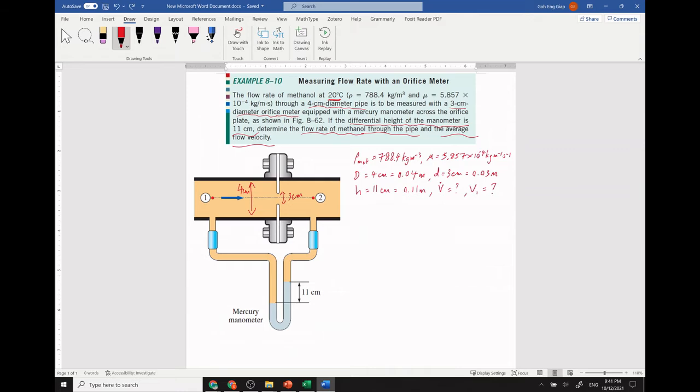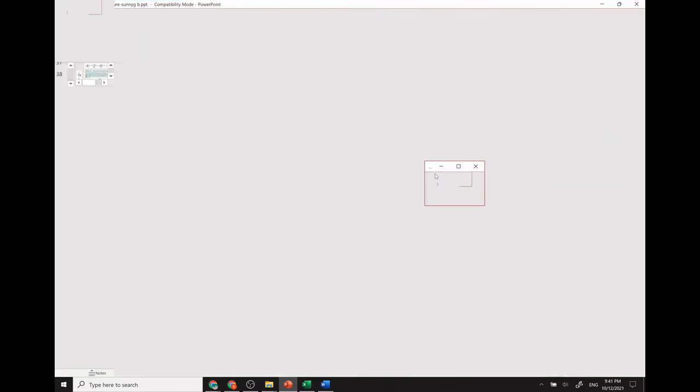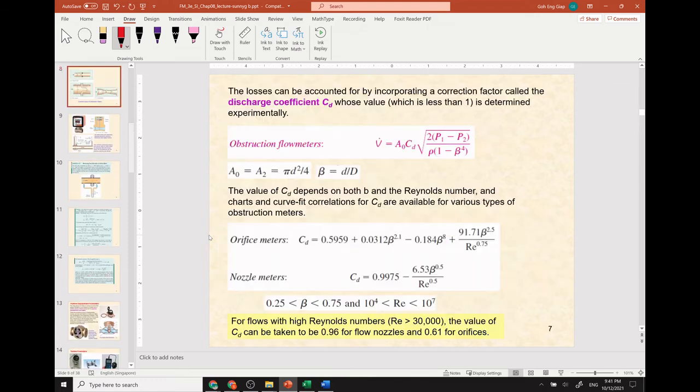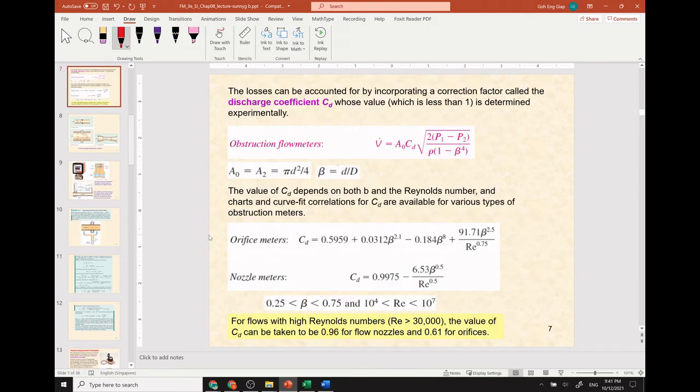We have to use the equation that we just derived. So we write down this equation.